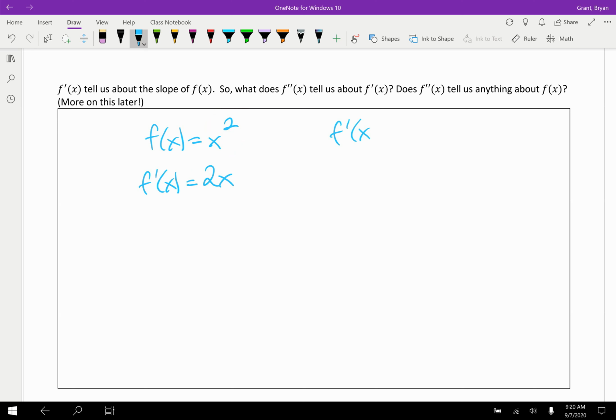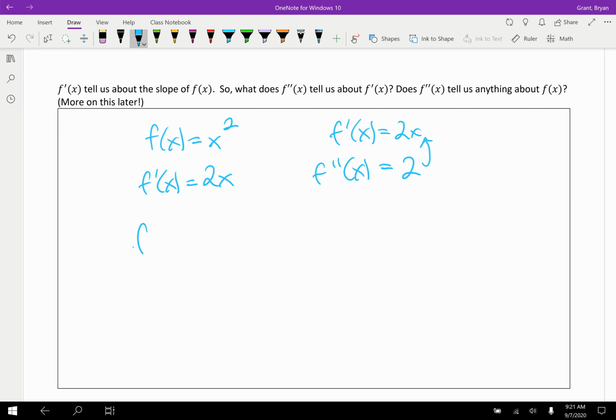Well, if I went to f prime equals 2x, and then we found f double prime, the derivative of 2x is 2, well, they have the same relationship. F double prime is telling us about the change in the slope of f prime. So it's telling us how fast f prime is changing. It's saying at every x value, the first derivative is changing at a rate of up 2 over 1.